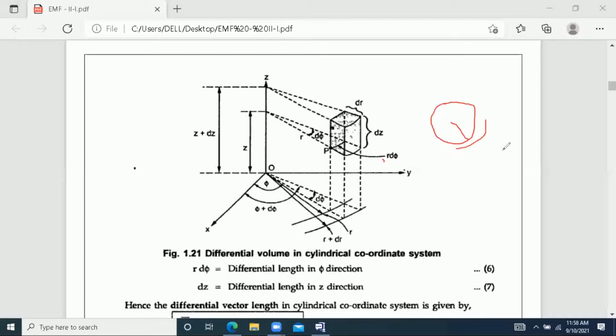Okay, 2 pi r. So what's the length of this arc?